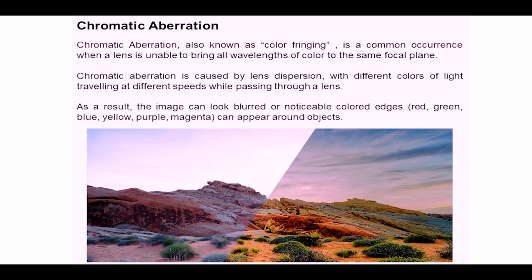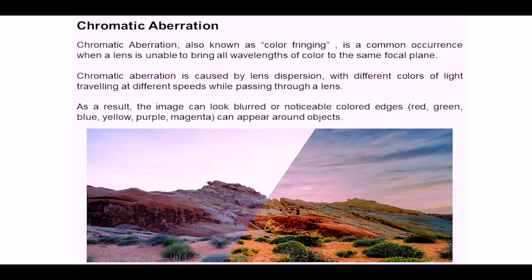It's a common occurrence when a lens is unable to bring all the wavelengths of the color to the same focal plane. This is physics. All lenses have refraction, right?